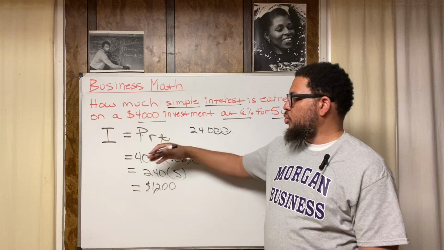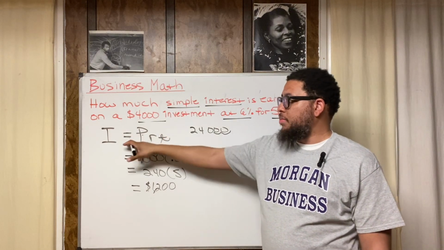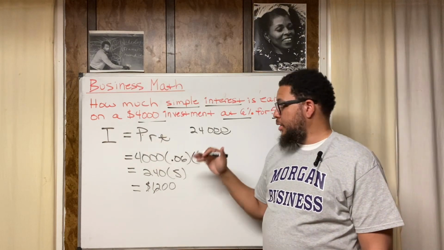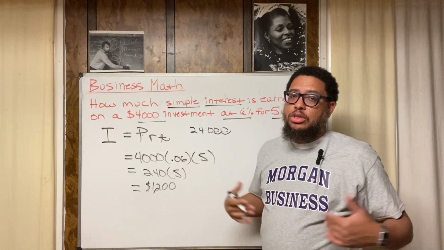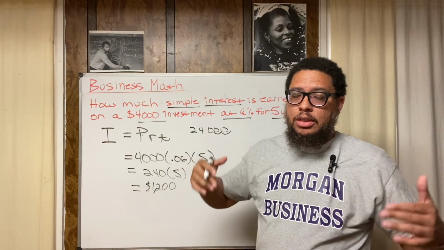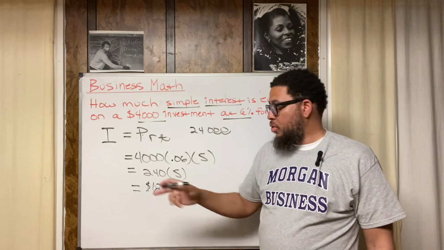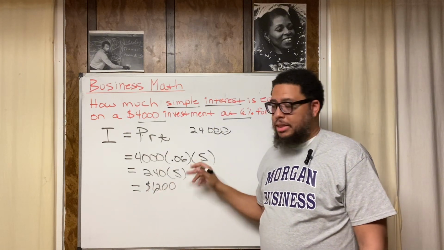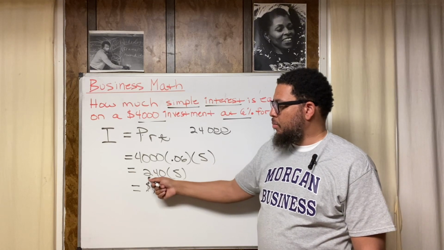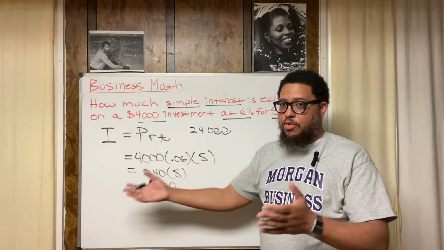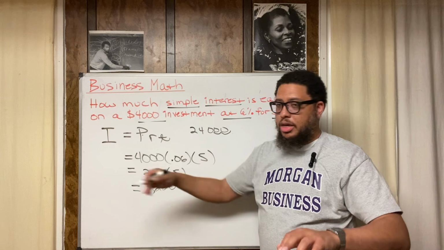So just make sure you memorize this formula for simple interest. You know how to do the calculation. You know how to multiply, right? You could use a calculator, but my suggestion to anybody watching this is to practice using your brain to do mental math, to do multiplication, division, addition, subtraction, especially this part right here, how we broke the 240 down into 200 over here, 40 over here.